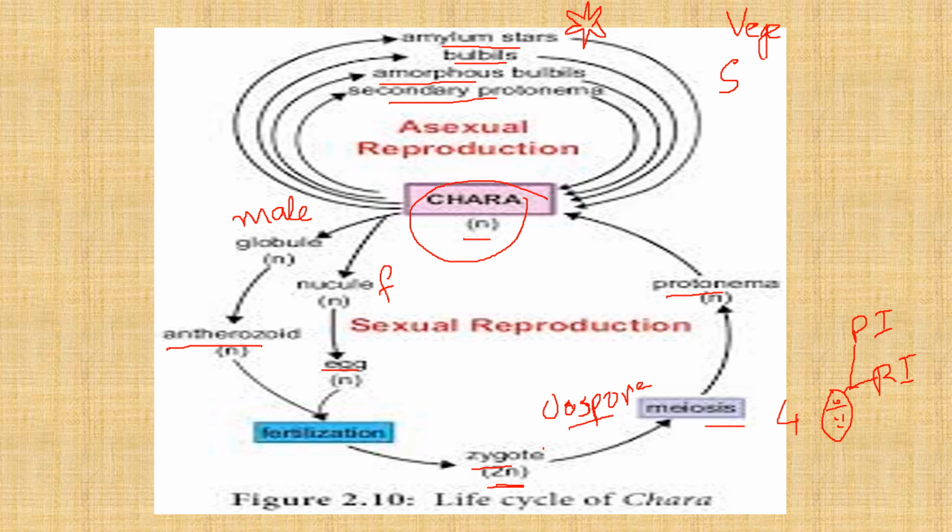The sexual reproductive structures are globule and nucleule. Both the globule and nucleule have an advanced character of algae because they are not naked organs; they have a jacket of cells around them, which is considered a very advanced character in Chara. And only the zygote and oospore are the diploid stages in Chara.